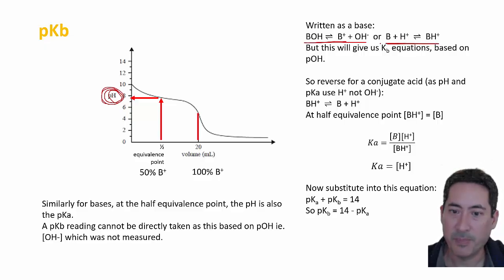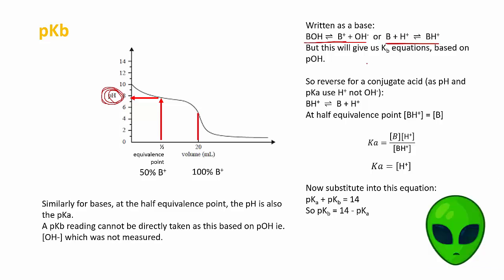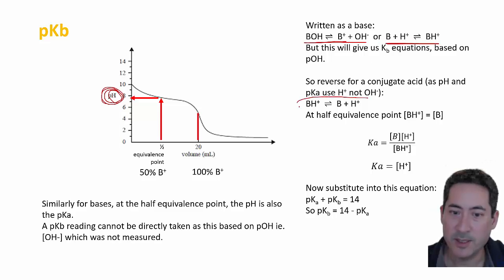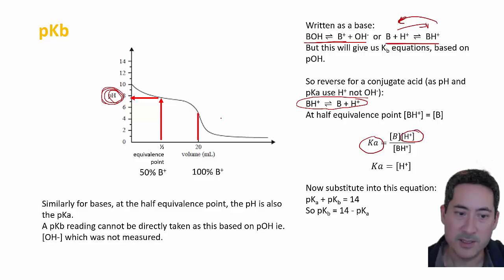None of these give you H plus as the products, but I can swap this one around. So if I swap this around, so instead of this going to this, we've got this going to this, which is quite arbitrary. We can then do a Ka because we can get H by itself. And so the same thing at the equivalence point, there is none of this base left over.